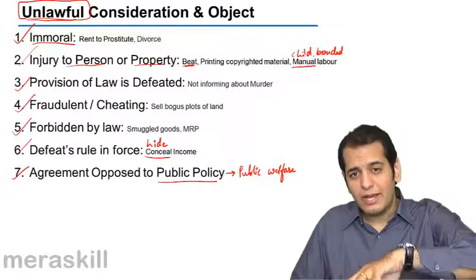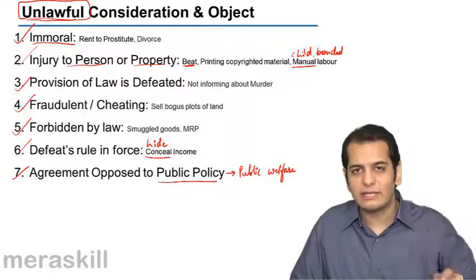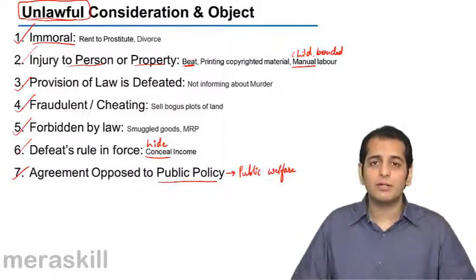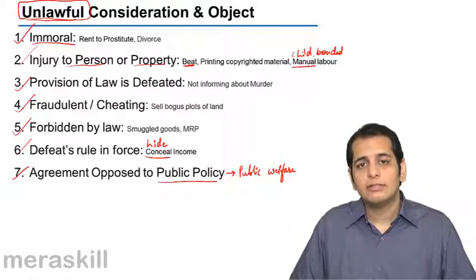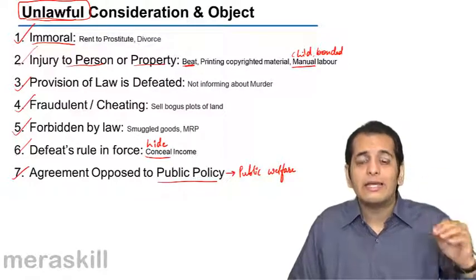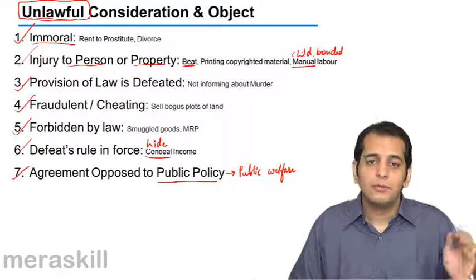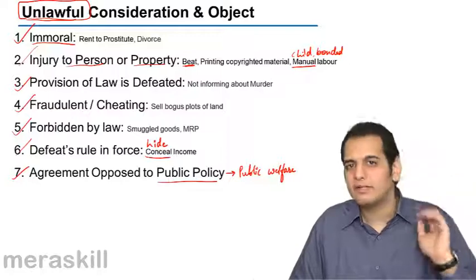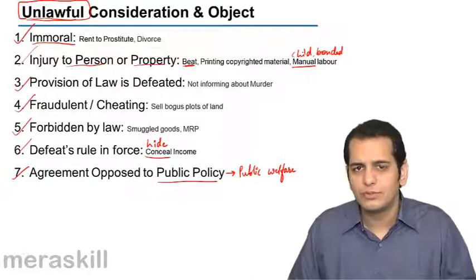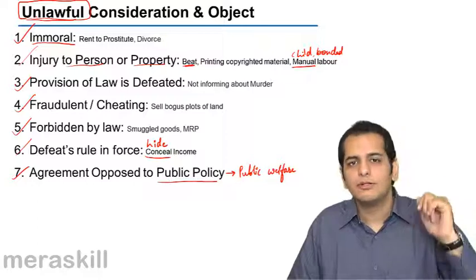And if you enter into agreements regarding any of these acts, let's say you enter into an agreement with a chartered accountant that he has to maintain and keep your accounts in such a way that your income is not disclosed, your income is hidden, so as to help you to evade taxes, to avoid paying taxes. And in return, you will give him, let's say, 50,000 rupees. If he saves your taxes of 2 lakhs, you will give him a fee of 50,000 rupees.